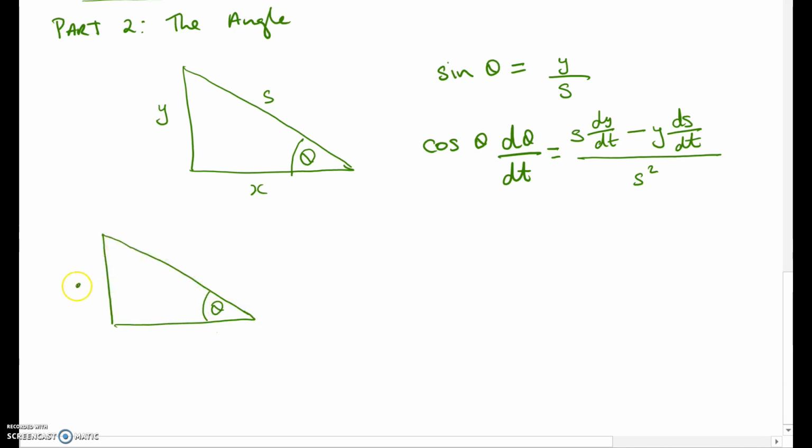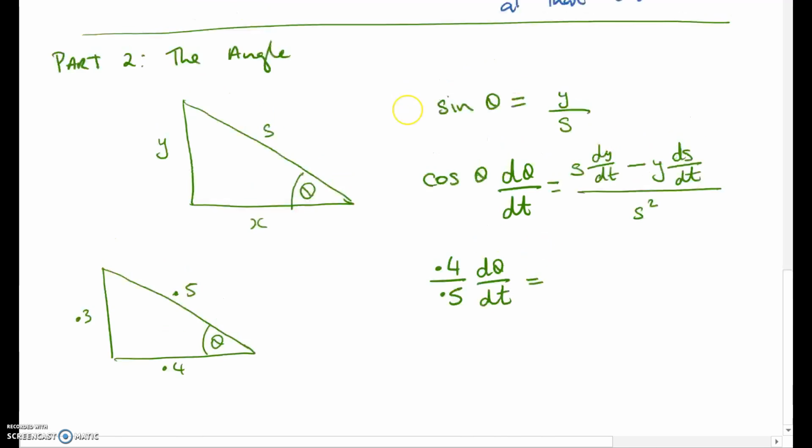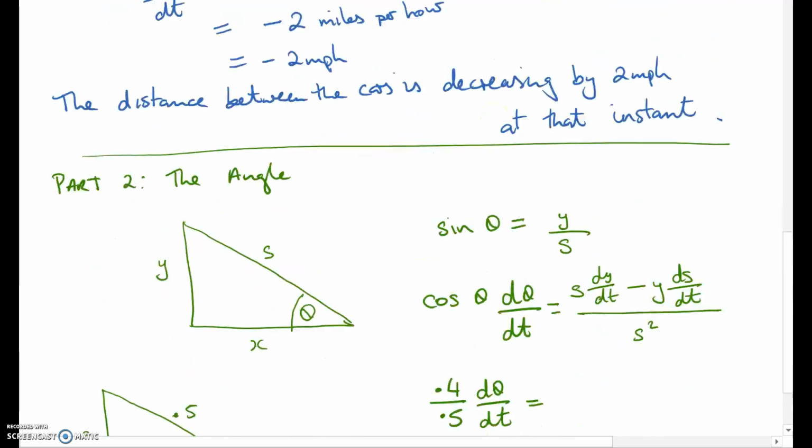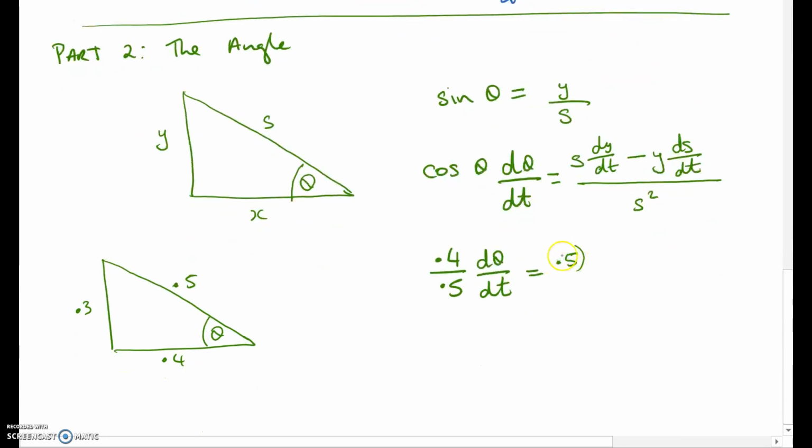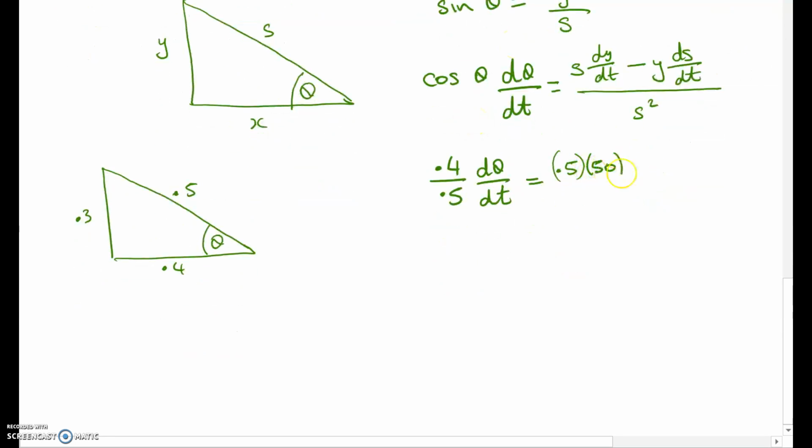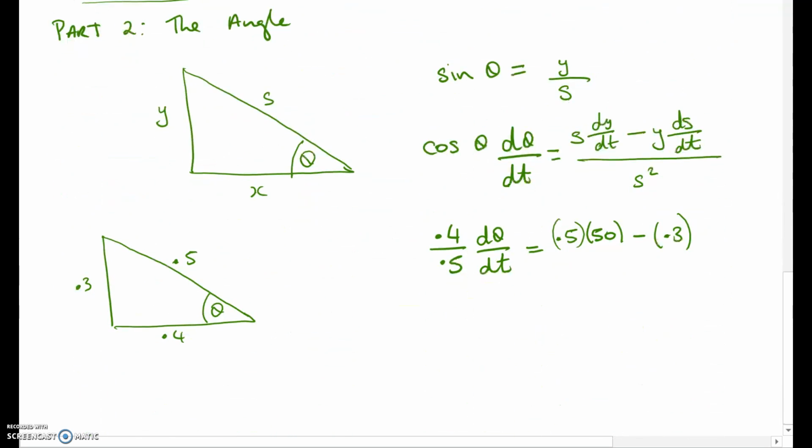Cosine there would be adjacent 0.4 over 0.5, times d theta/dt, which is what we're trying to find, is equal to s, that distance between them, 0.5, times dy/dt, which was 50, minus y, which is 0.3, times ds/dt, which was negative 2, as we just found out a few moments ago, over 0.5 squared.